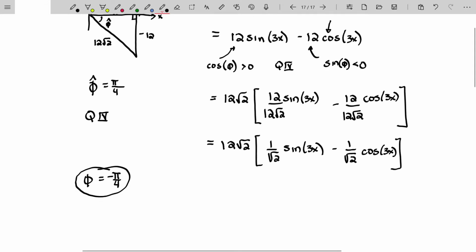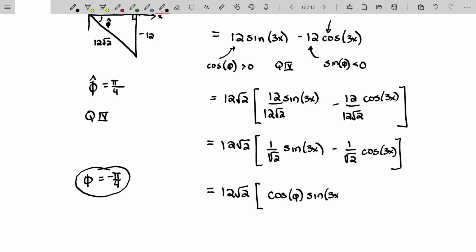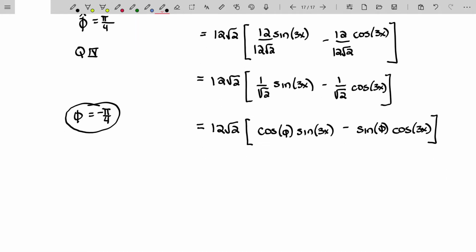So this is going to be 12 root 2 times, I'm just doing it slowly here, the cosine of phi, sine of 3x, minus the sine of phi, cosine of 3x. And that is the angle difference formula for the sine.